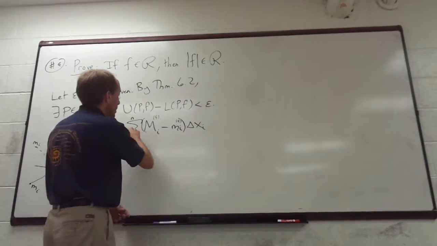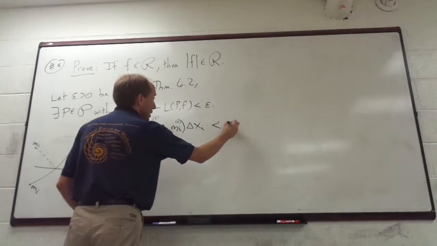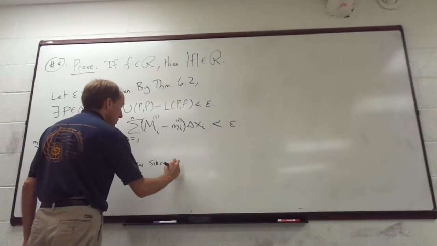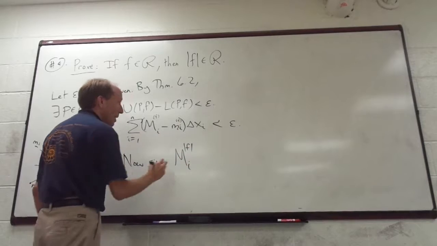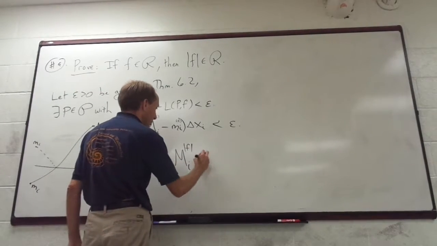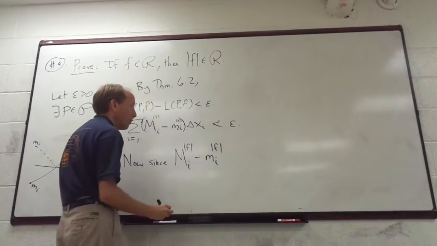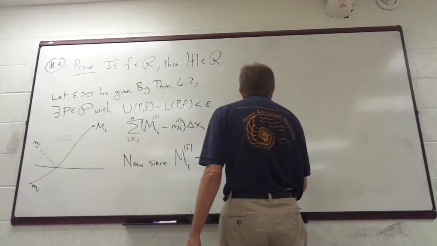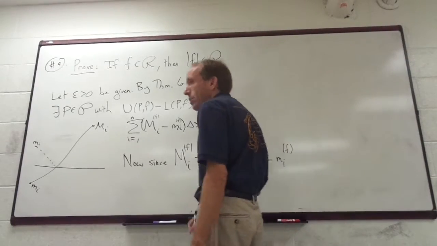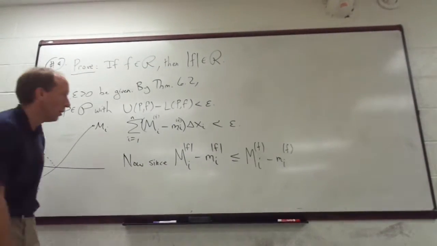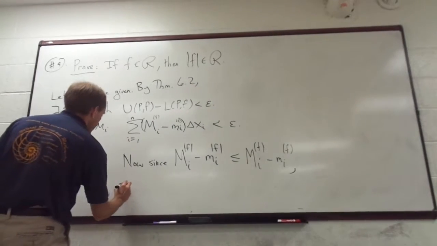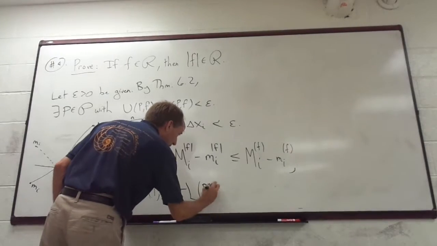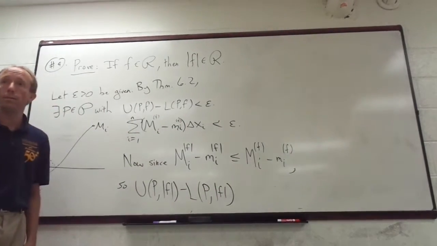This expression here, we know that it's less than epsilon. The big M_i for the absolute value of f minus the little m_i for the absolute value of f is always less than or equal to the big M_i for f minus the little m_i for f. That's just always true. So U(P,|f|) minus L(P,|f|), right?